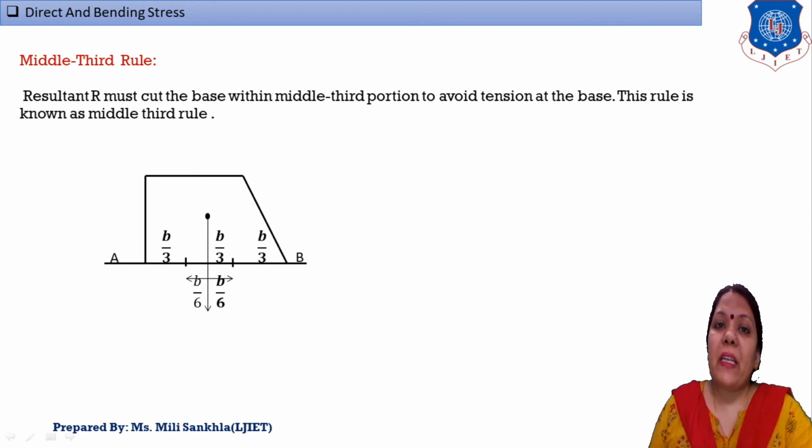The total width of the base is equal to B. For the middle third portion, divide this width into 3 portions, B by 3, B by 3, B by 3, and the resultant force R must cut within the middle third portion of the base. In that condition our dam and retaining wall is safe from tension at the base, and this rule is known as the middle third rule.